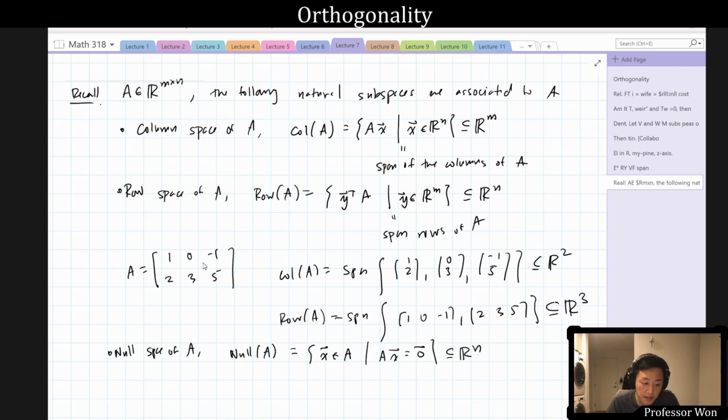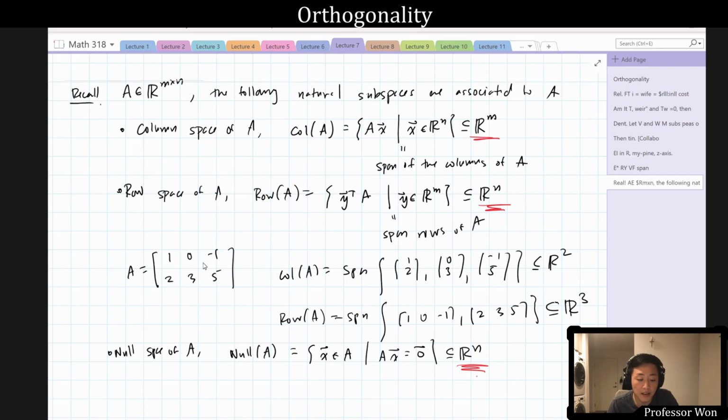So notice where these things are living, right? The column space is a subspace of Rm, the row space is a subspace of Rn, and the null space is a subspace of Rn, which means that we have some hope of comparing the row space with the null space, right? The row space and the column space, in general, live in different vector spaces, one in Rn, one in Rm.